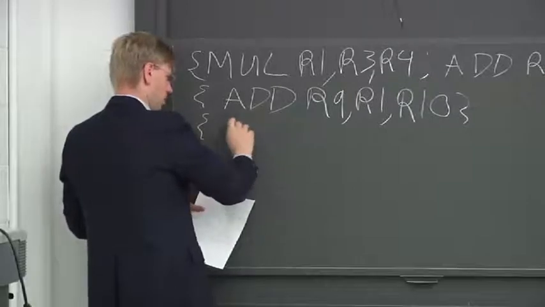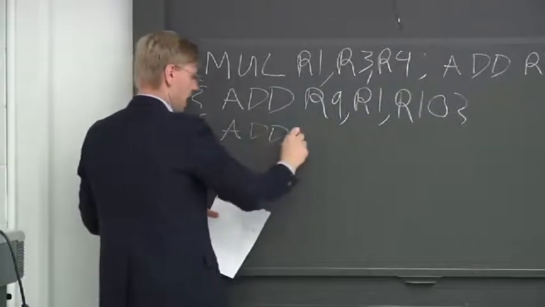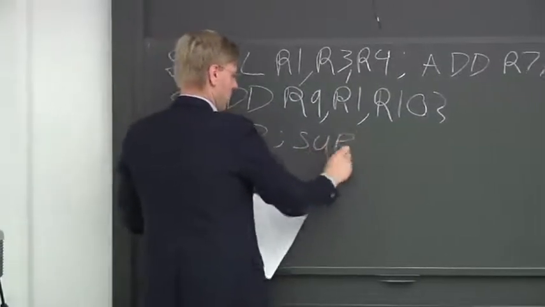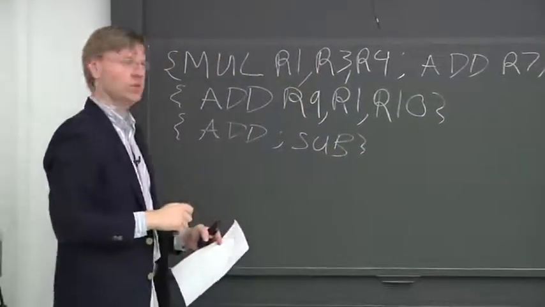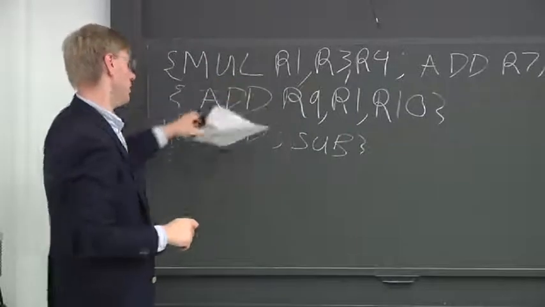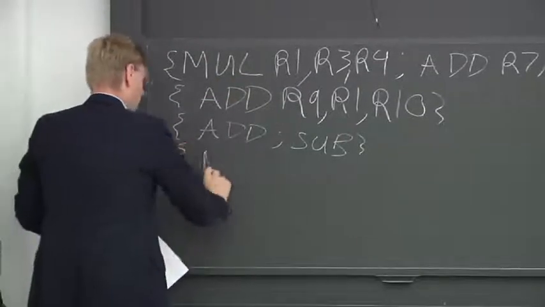And then, let's say we just have some other random stuff. I don't know, maybe some non-dependent adds and subtracts. And I'm not going to write the registers here because they don't read or write anything relevant in these two bundles. Maybe you have a no-op.